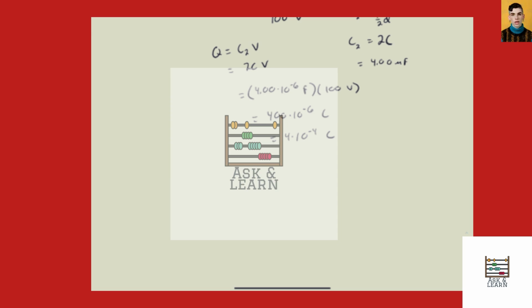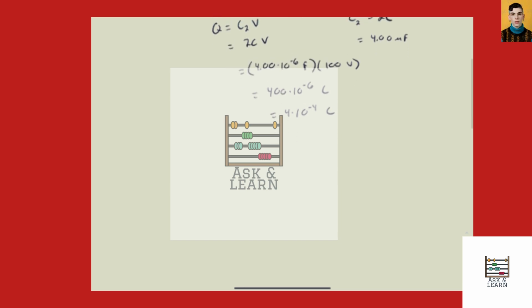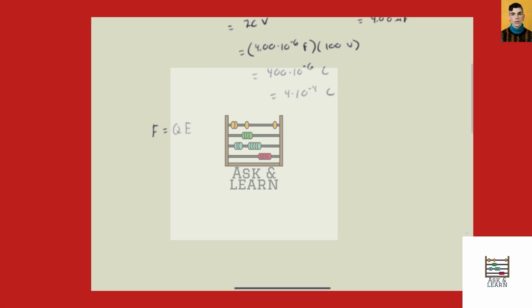Now, to figure out the spring constants, we need to use some forces. So the force on either plate is going to be Q times the field. But either plate only contributes half the field to the total field between the plates.